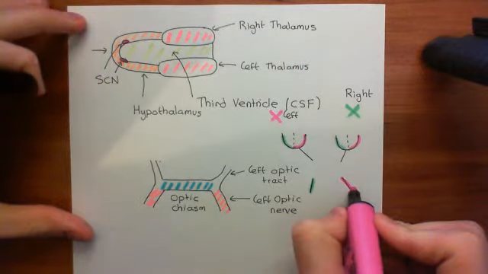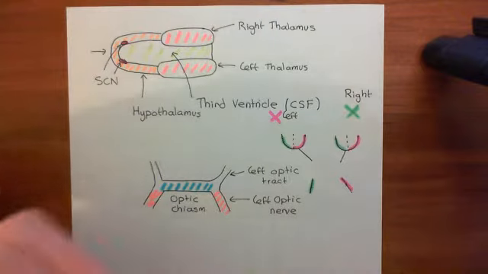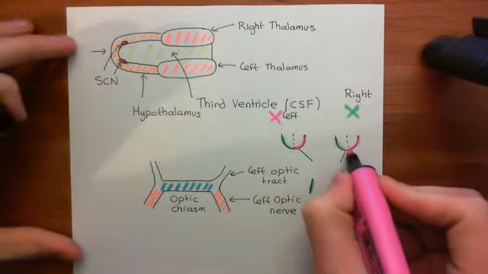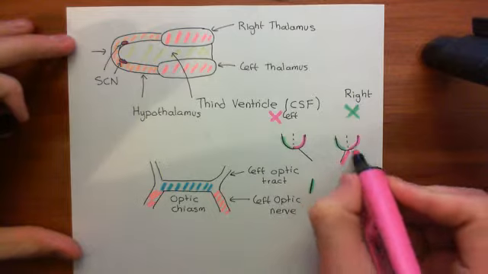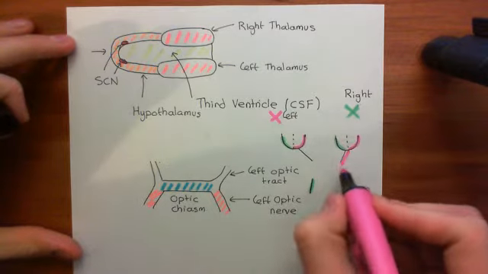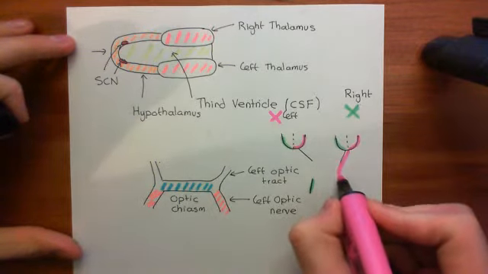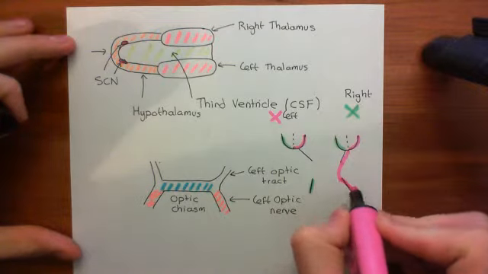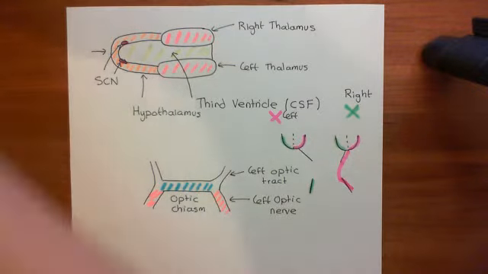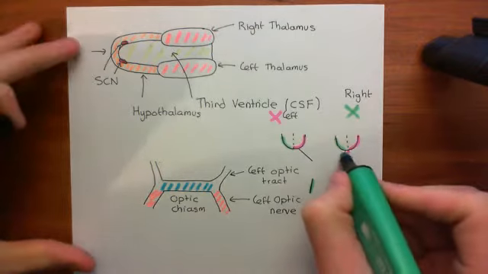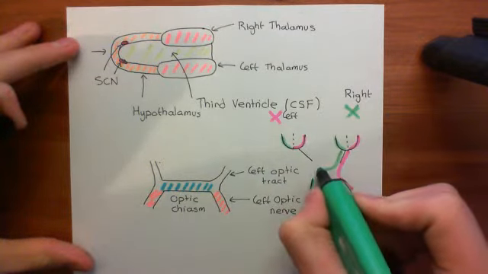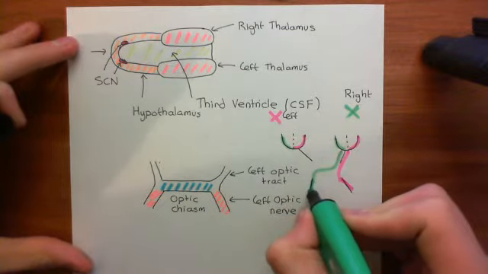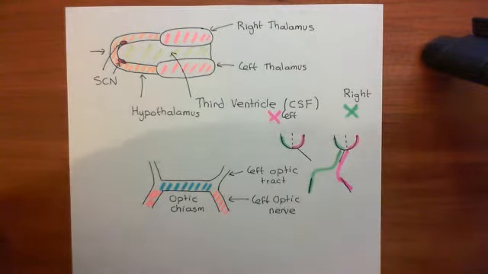So what will happen is the fibers from the right-hand eye here that are conveying information about the left visual field, they will remain on the same side. They won't go through the optic chiasm. Meanwhile, the fibers from the right eye which are conveying information about the right visual field, those will go through the optic chiasm to the left optic tract.